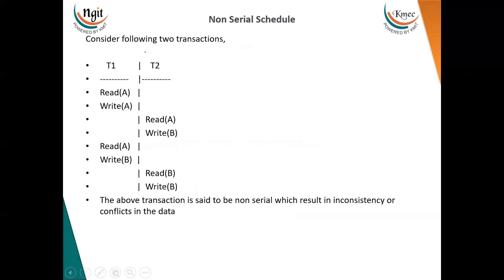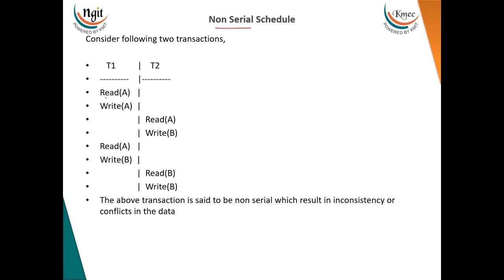And next coming to non-serial schedule. So the name itself suggests what? One transaction's execution will be interleaved by the other transaction when they are concurrently executing with each other. You can understand what is non-serial schedule by taking this example.